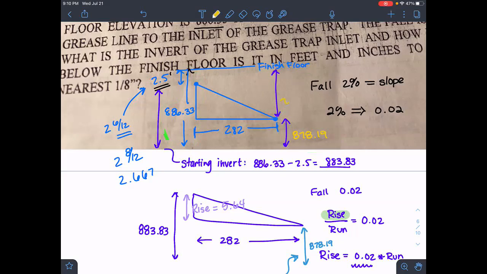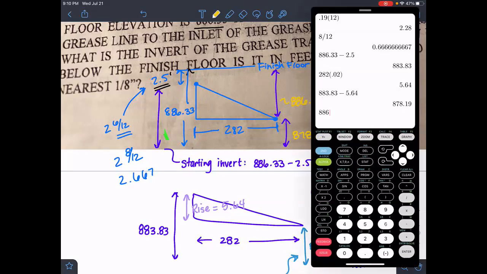So this piece becomes 886.33 minus 878.19 to get me a difference of 8.14.